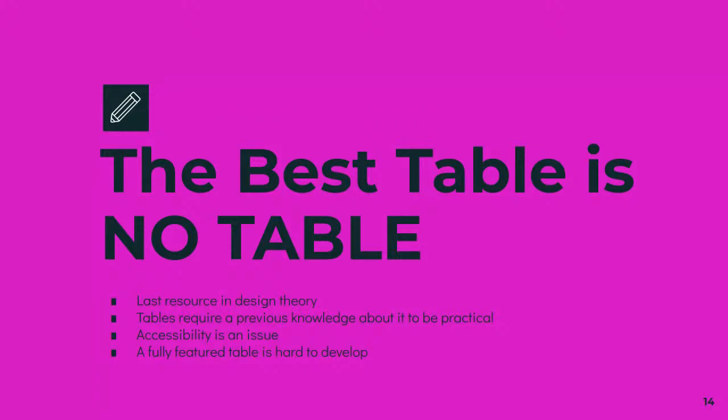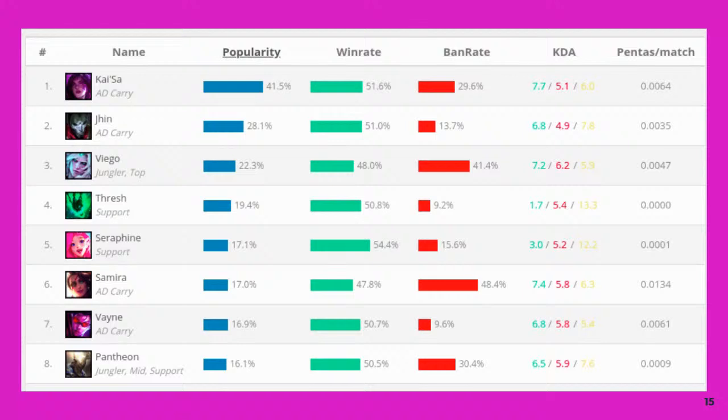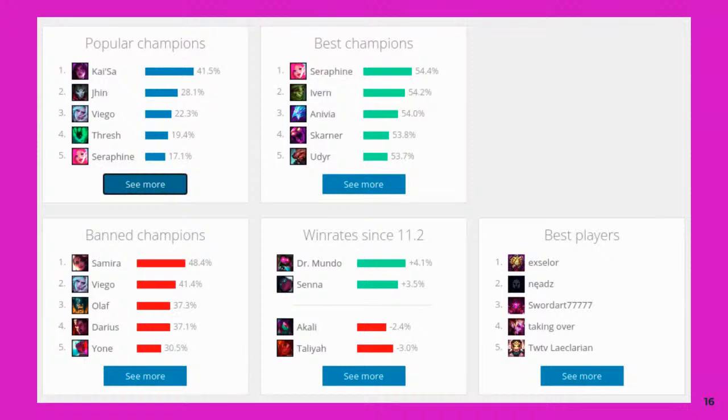Like, for example, we have this table for League of Legends heroes. There you have the popularity, win rate, ban rates, and a lot of data, but they kind of don't tell you very much. But then we got this dashboard from the same site that shows us already the most popular champions, the most banned champions, the best win rate, the worst win rate, the best players, and the best champions.